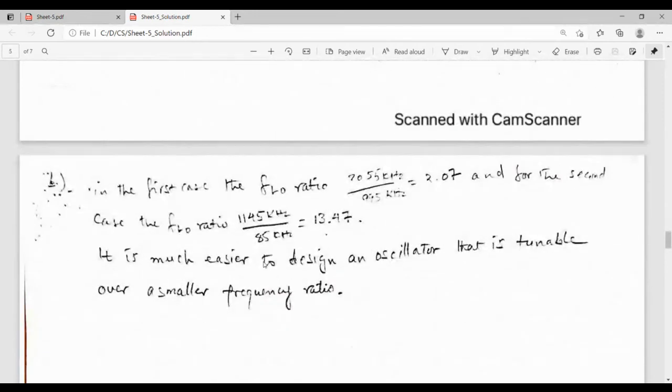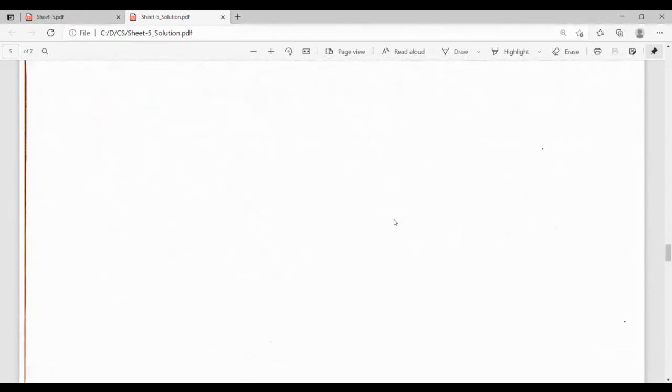Now, in the first case, the FLO ratio is 2055 kilohertz by 955 kilohertz, equal to 2.07, and for the second case, the FLO ratio is 1145 kilohertz by 85, that is 13.47. Comparing these two values, it is much easier to design an oscillator that is tunable over a smaller frequency ratio. So the first case is most appropriate and used to design a receiver.